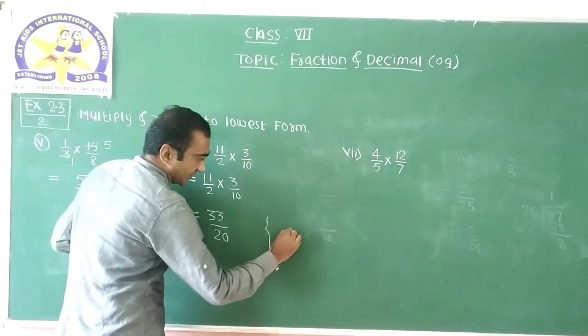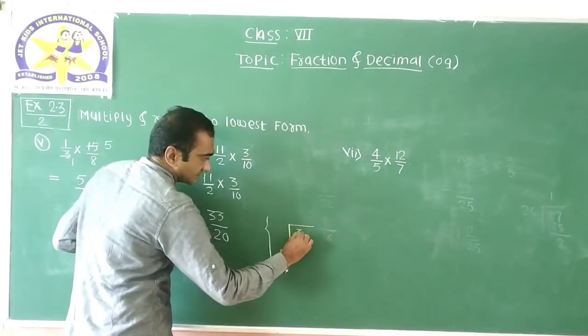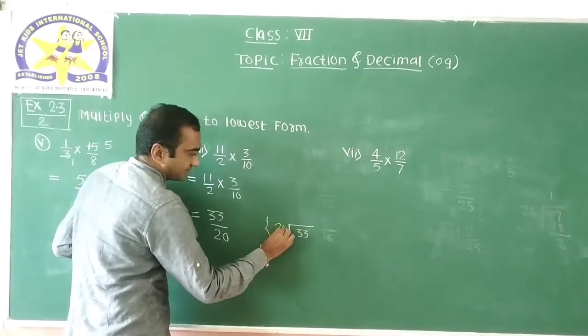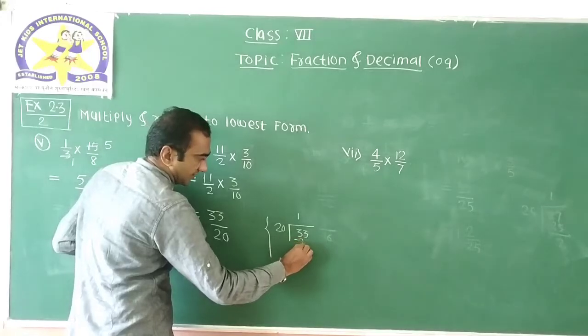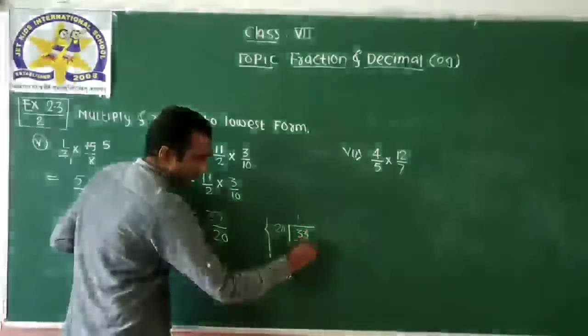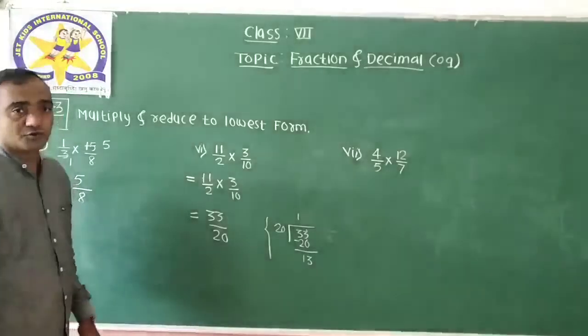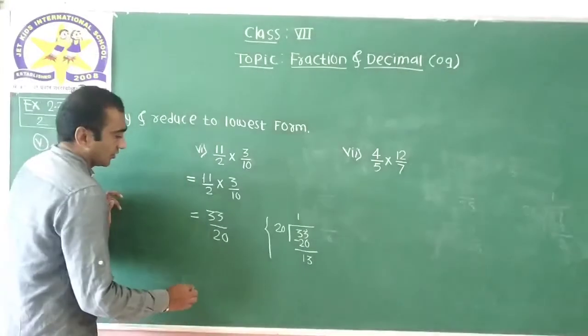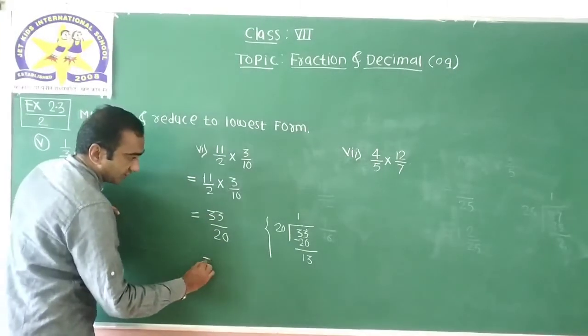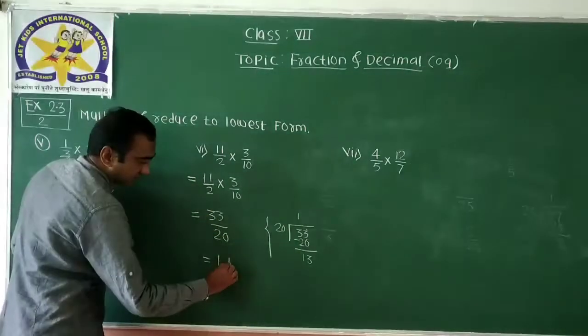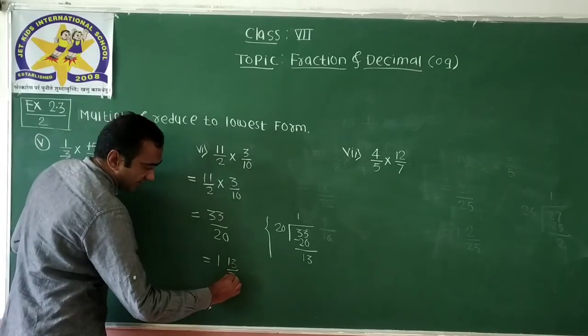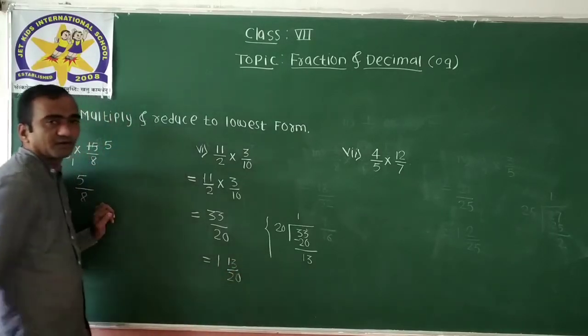Divide 33 by 20. 20 once is 20. 33 minus 20 is equal to 13. So the mixed fraction of 33 by 20 will be 1 integer 13 divided by 20.